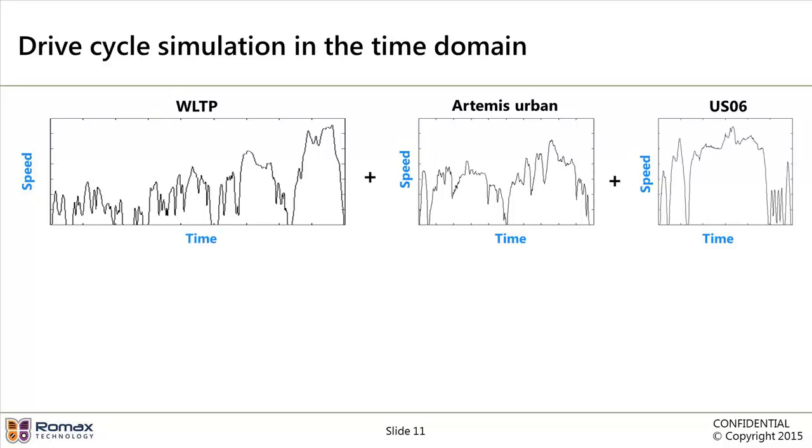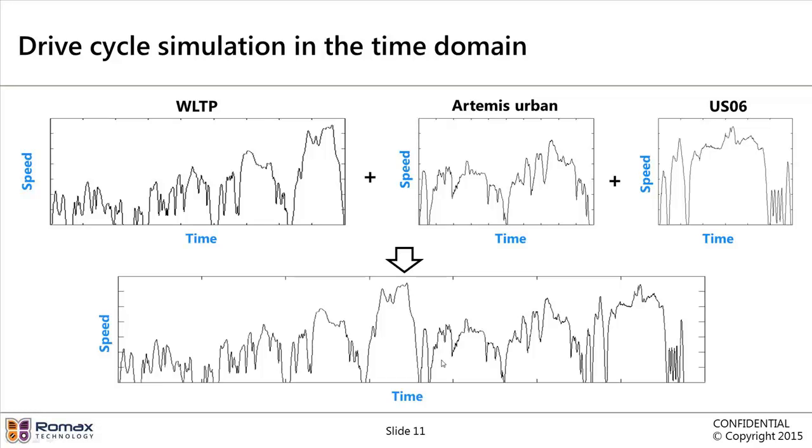So in this example here, if you want to run your simulation over 3 different drive cycles, then you have to add them together, and your simulation could take 3 times as long to run. So in practice, it means that vehicle designers don't consider all the different drive cycle options, which runs the risk of coming up with a design that's not robust to variations in driving style.